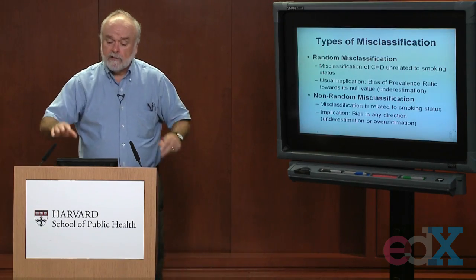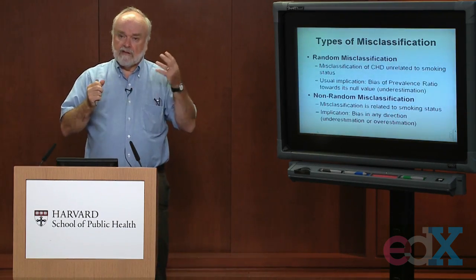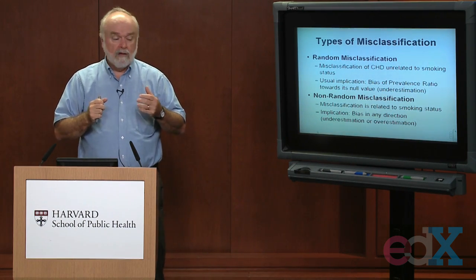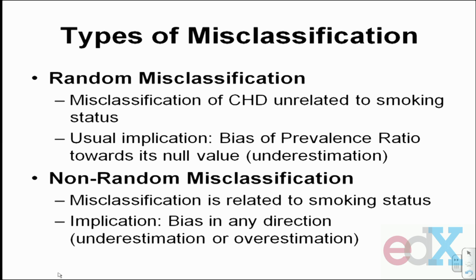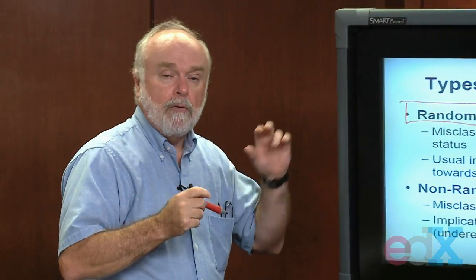So those are the two types of bias, selection bias and measurement bias. Often measurement bias is broken into two general categories, reflecting the reasons for misclassifying, mismeasuring information on people. In one situation, we refer to the error as reflecting random misclassification, meaning in the example we've been looking at, let's suppose that both the smokers and the non-smokers have some misclassification.